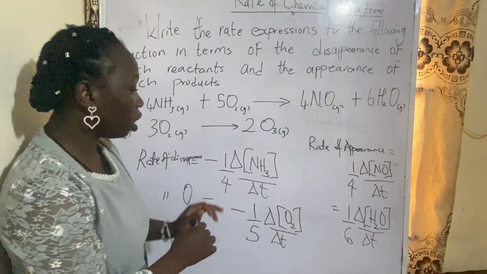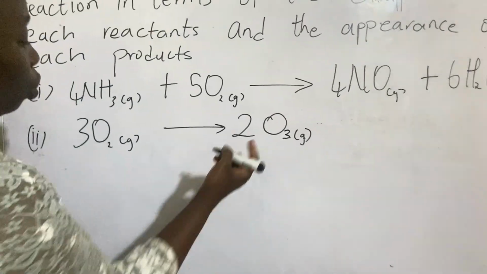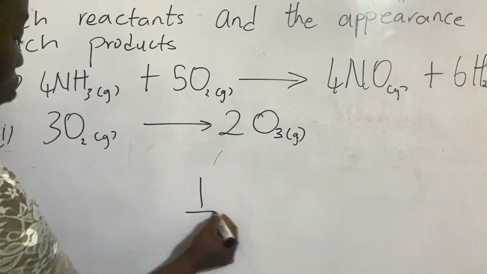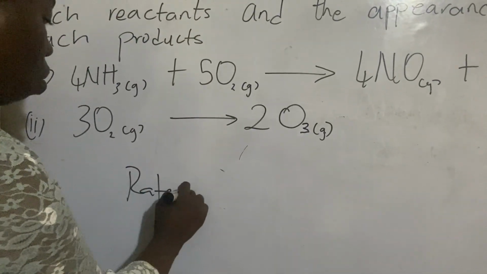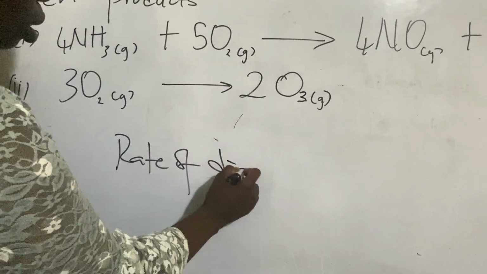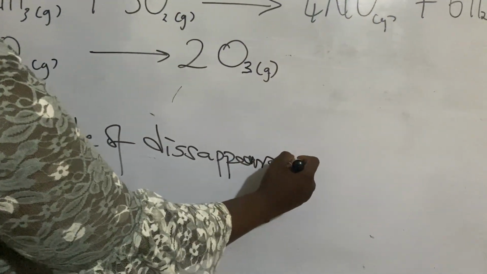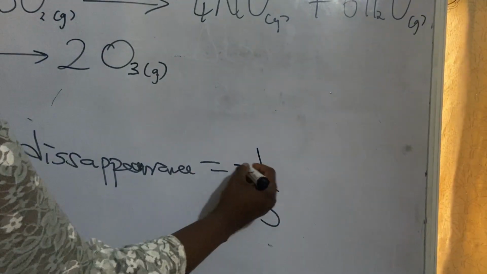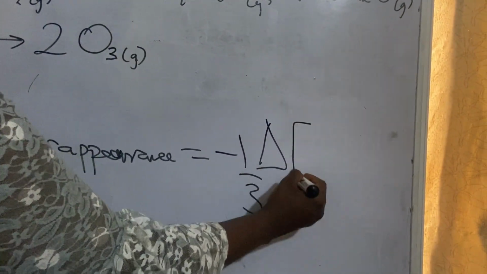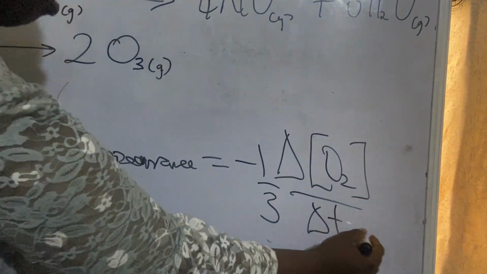Now we will go for the second reaction. The second reaction, this is oxygen to give ozone. So that is rate of disappearance. Rate of disappearance is equal to 1 all over 3 minus change in the concentration of oxygen gas all over change in time.